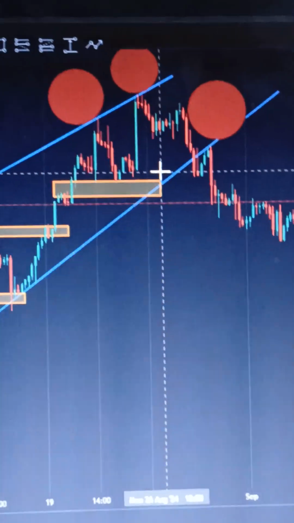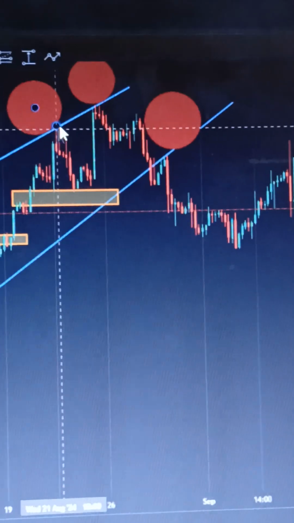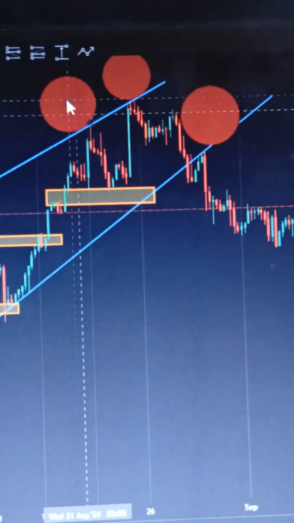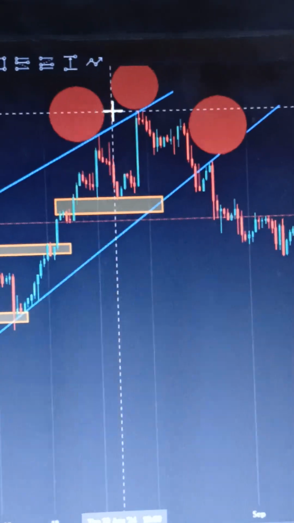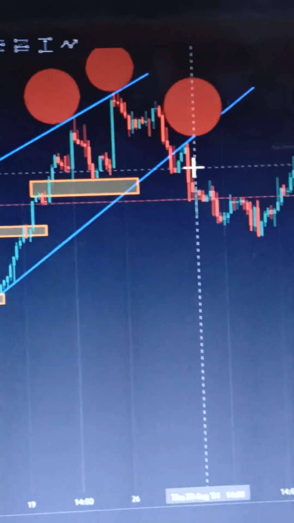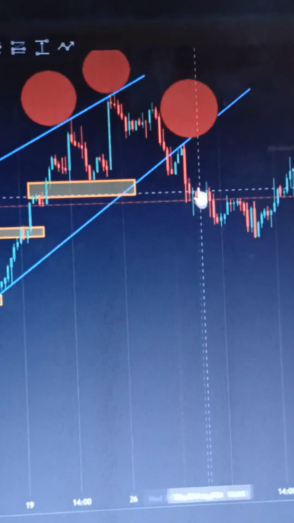As you can see here, after creating this chart pattern, which is known as the head and shoulders, this is the left shoulder, the head, and the right shoulder, the market actually broke out from this zone.